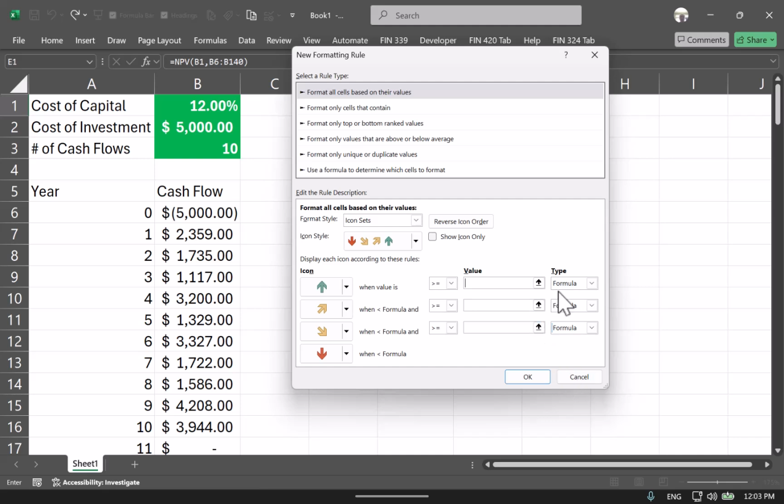Actually, for now, let me just do numbers. Okay.